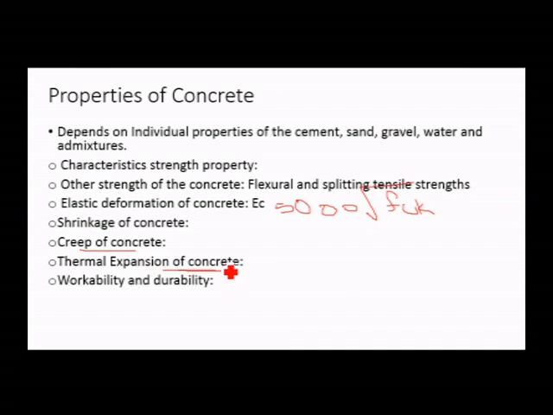It should be workable, with no excess water content, and the durability of concrete should be high. Durability means performing satisfactorily in the working environment during the anticipated exposure conditions during service. Design mix should be considered, nominal concrete mix should be practiced, and batching should also be practiced. These are some of the important properties of concrete.